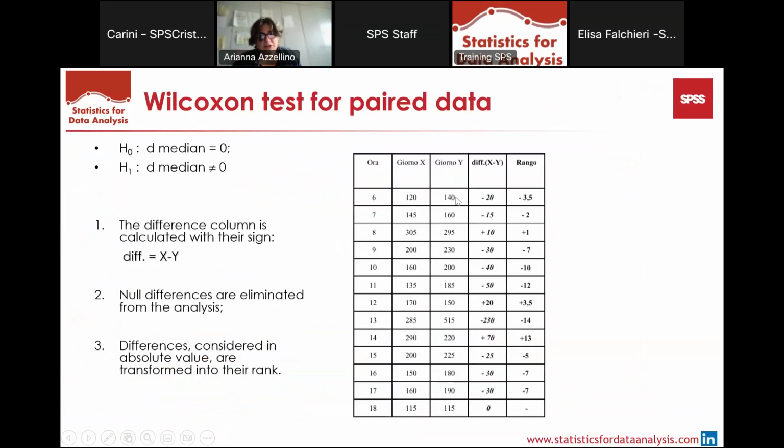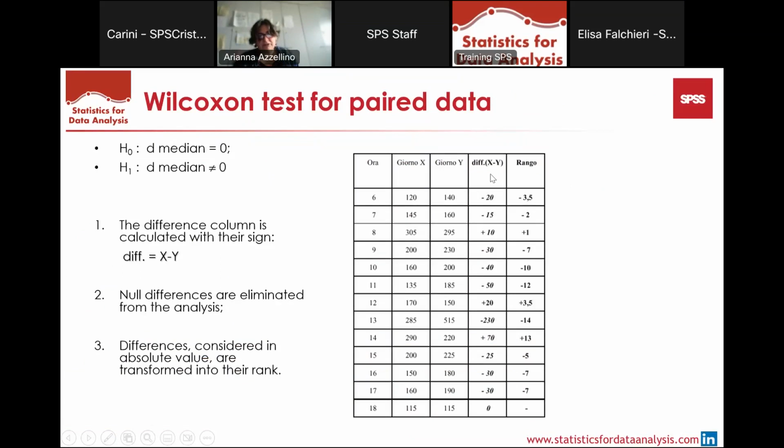And also the calculation of the statistics is similar. Here the pair design is by hour. So for every hour of the day, the ozone concentrations are compared day by day.